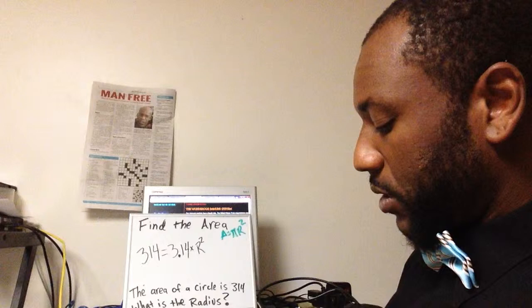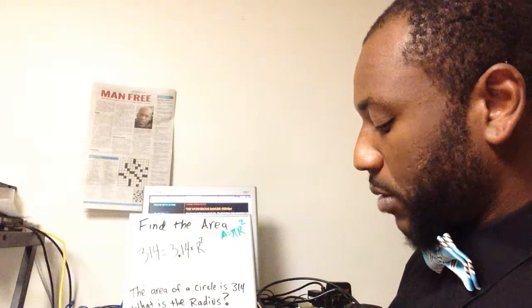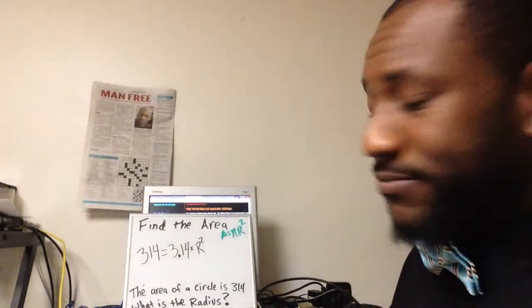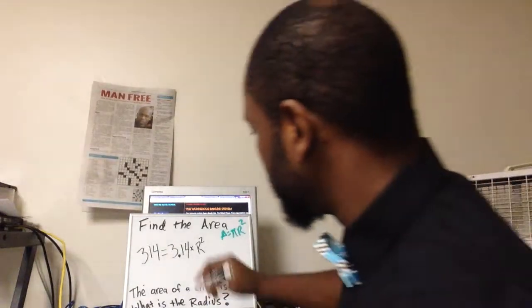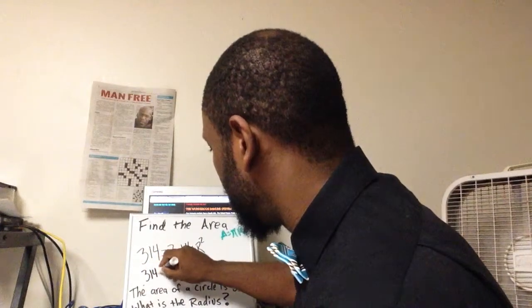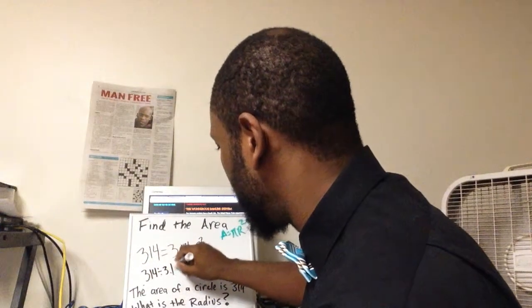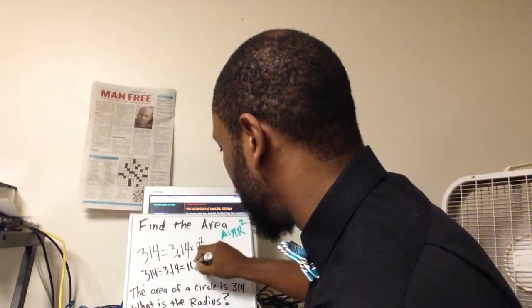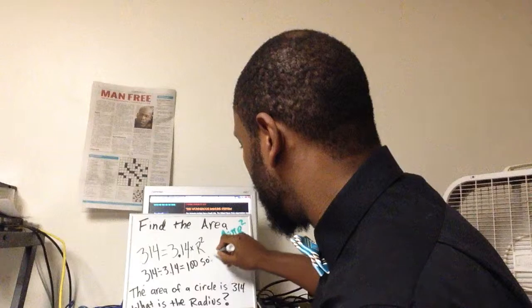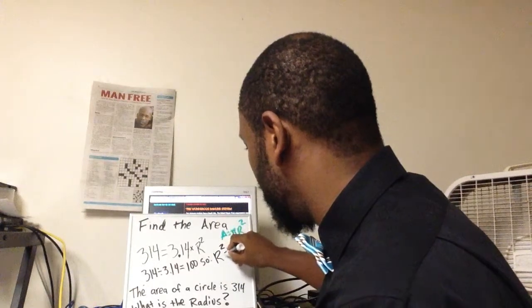And 314 divided by 3.14 gives us 100. So 314 divided by 3.14 equals 100. All right, so r squared equals 100.